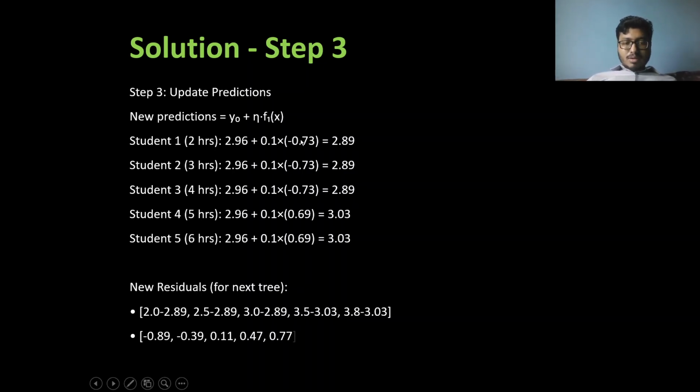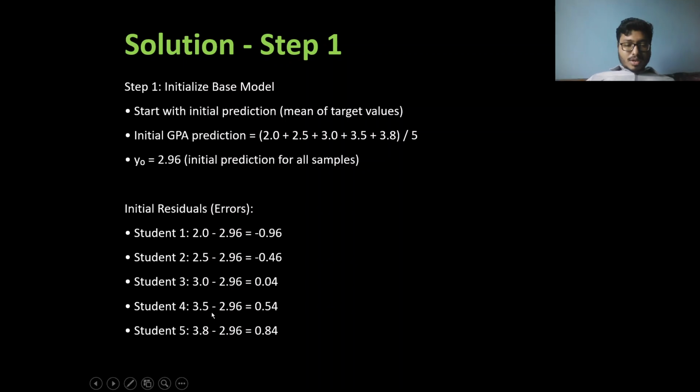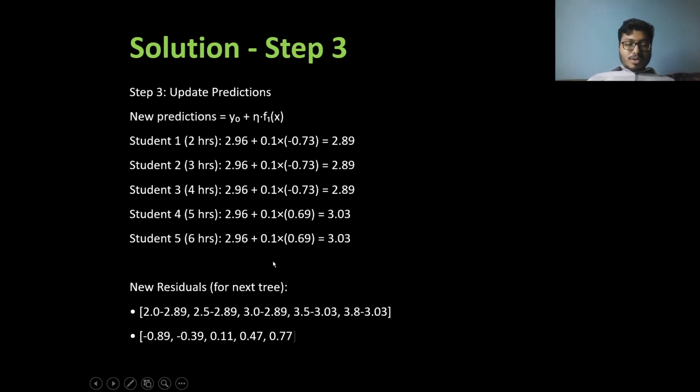After calculating that, we found that for class 1 we got 2.89 and for class 2 we got 3.0003. If we calculate the errors from the previous ones, we find that for the first it was 0.96 and for the other minus 0.46. After the first tree, we can see that the values have been reduced.